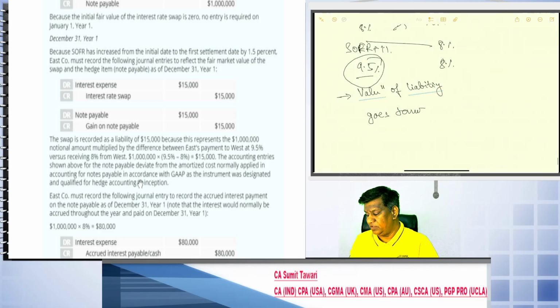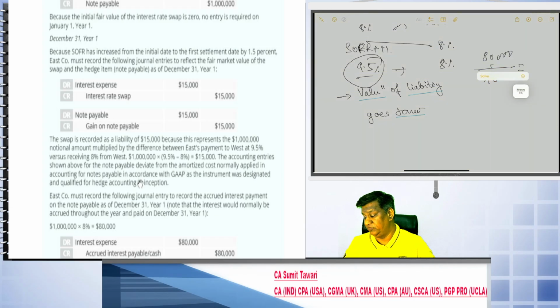Why does it go down? If the market rate is 9.5%, and they are paying the investor, say, 80,000, then 80,000 divided by 9.5% would be the valuation of the liability.